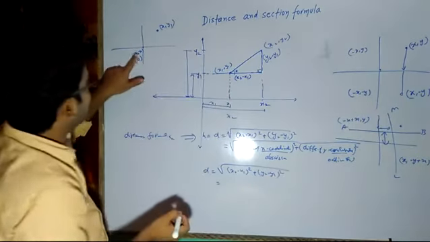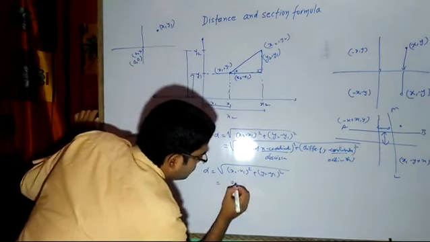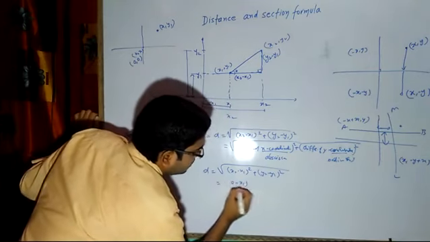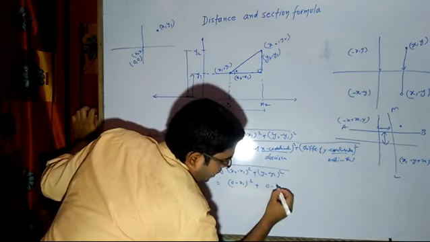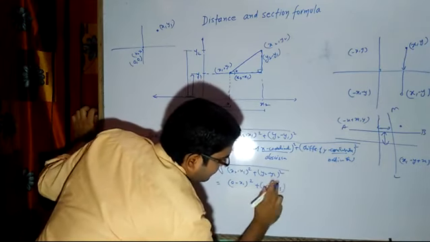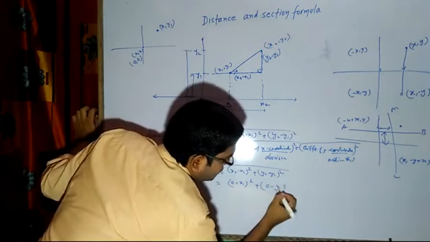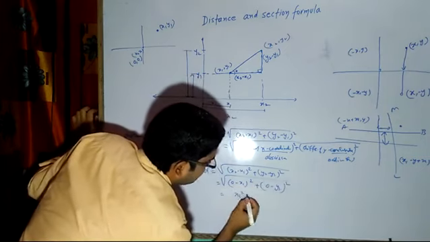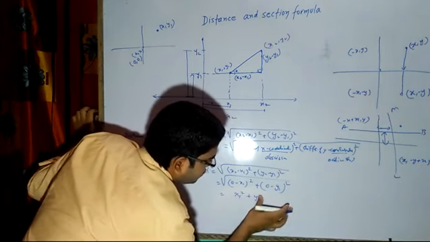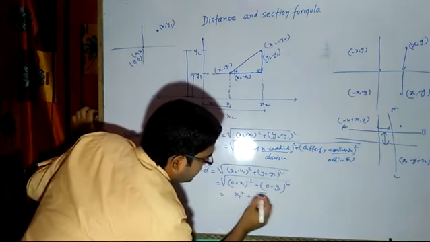Here x2 is equal to 0, so 0 minus x1 square plus 0 minus y1 square. If you simplify this, it will simply be x1 square plus y1 square.